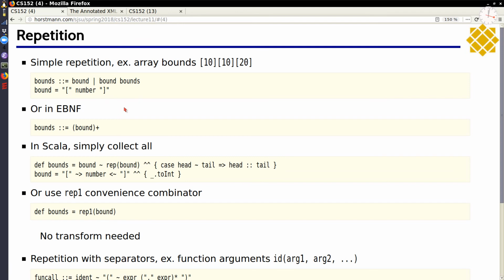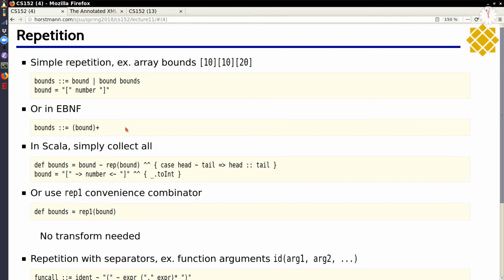Now I can do that a little bit more compactly. Instead of having repetition represented in this way, in EBNF I can say give me one or more of the bounds. In Scala, of course, I can faithfully translate that, but in Scala it's usually easier to step back and say, what did I want? I want repetition, and in that case you can just use the rep construct. Well, not quite. Rep gives me 0 or more, but with these bounds, presumably I want to have at least 1.